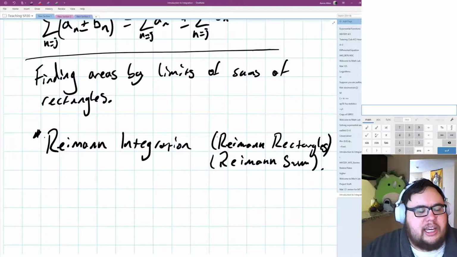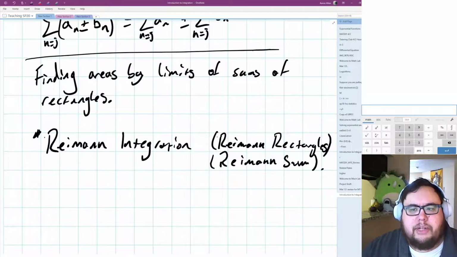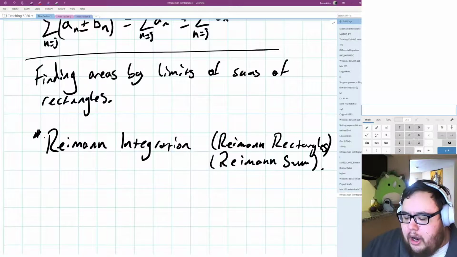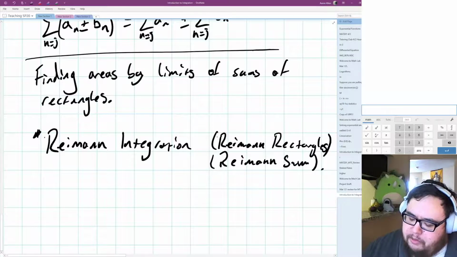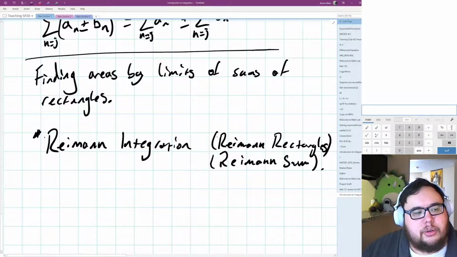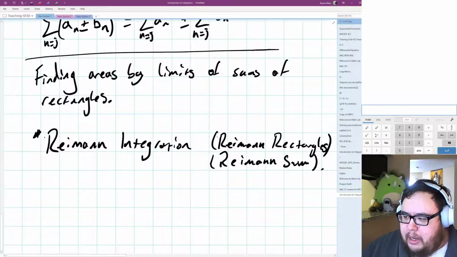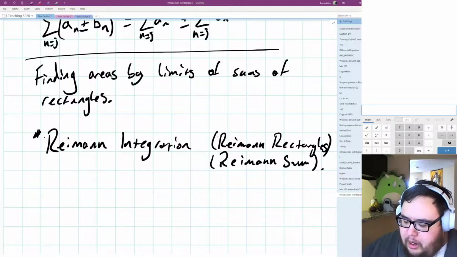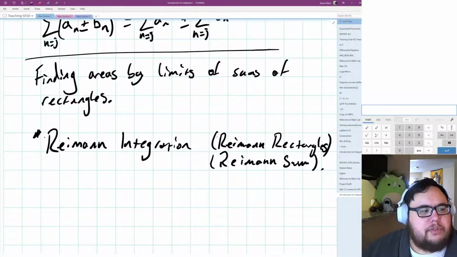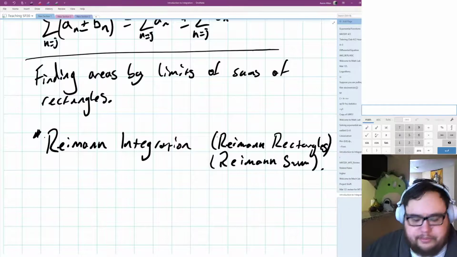They never sat down and went from basic principles and showed that all this stuff worked. In the 1800s, there was a big wave of mathematicians who went back and formalized calculus into a field called analysis, and went through and proved all of these ideas. Riemann was one of the most influential of those. That's why his name is on this idea. This was the way that he chose to parameterize integration.